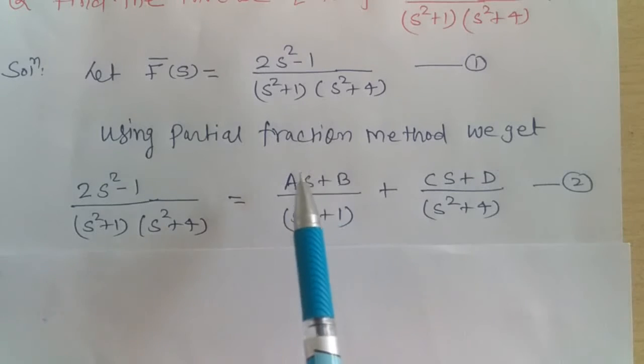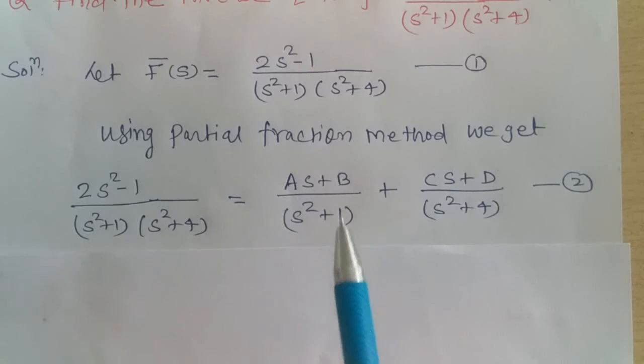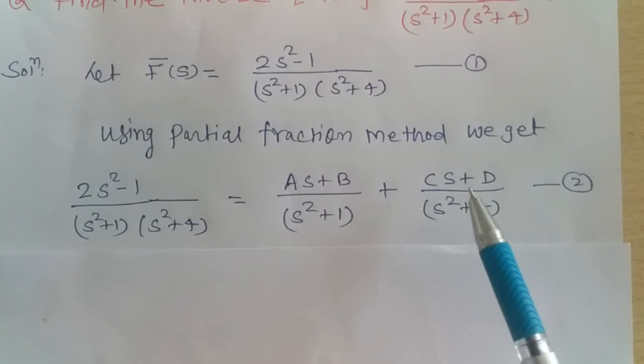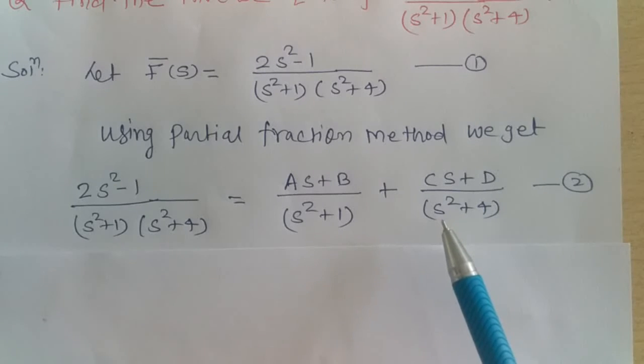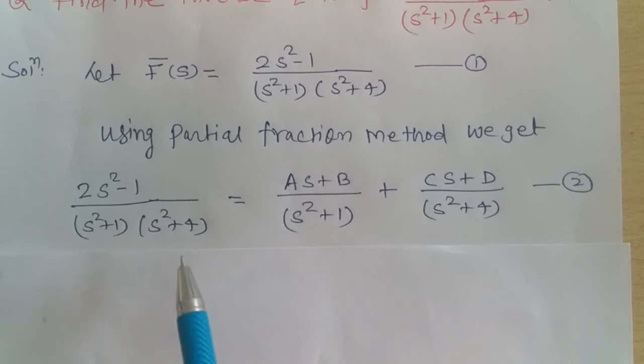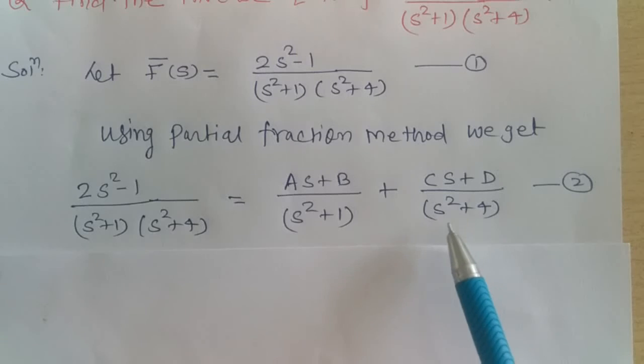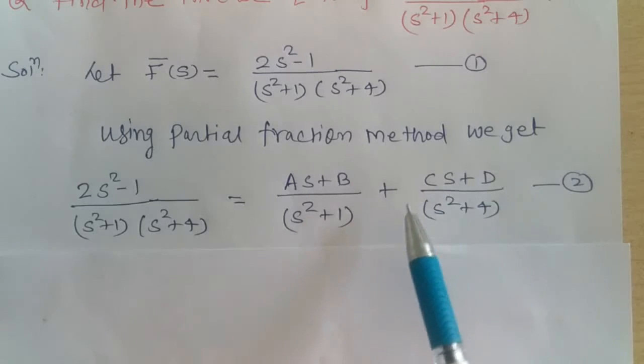So in the numerator we have two constants a and b, plus cs plus d upon s square plus 4. Again s square plus 4 is a quadratic factor, so we have two constants in the numerator.